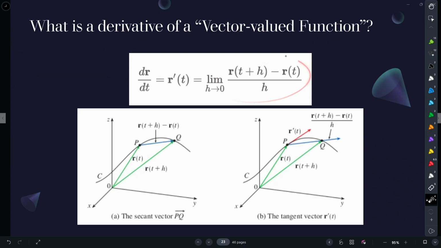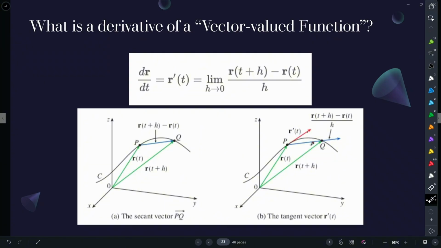So if you define it as we usually do, as a limit, then you see that the difference of these two is a vector minus a vector. So it's a vector, and then scaled by h, but it's still a vector. And the result of a derivative of a vector valued function is another vector. What vector? This is the case when h is positive.